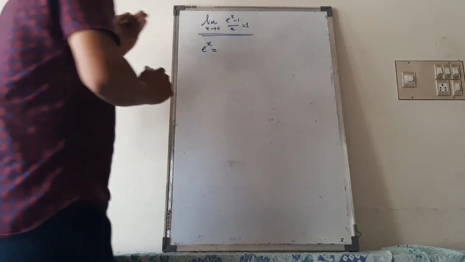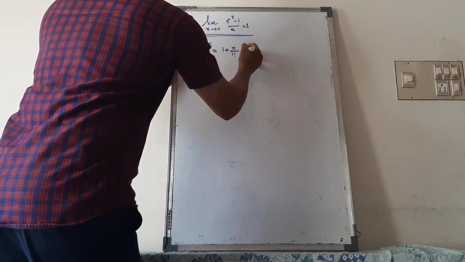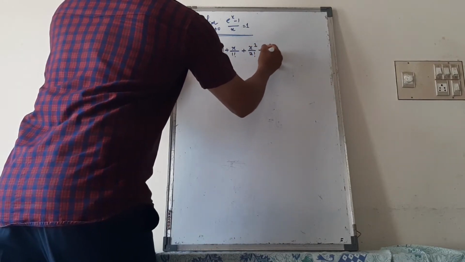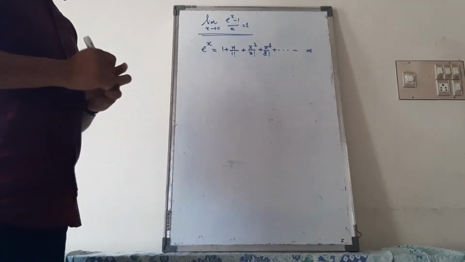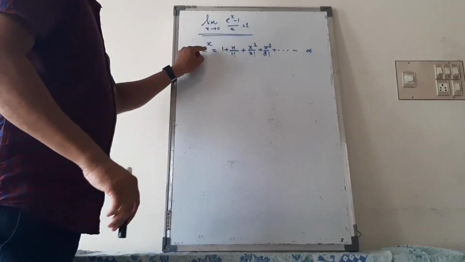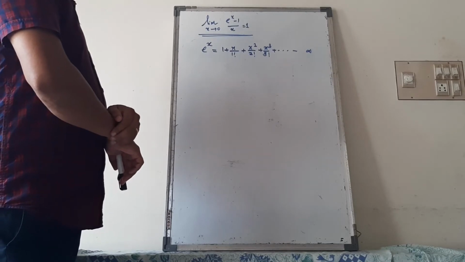The exponential series 1 plus x by 1 factorial plus x square by 2 factorial plus x cube by 3 factorial plus etc. to infinity is called an exponential series, which is denoted by the symbol e raised to x.